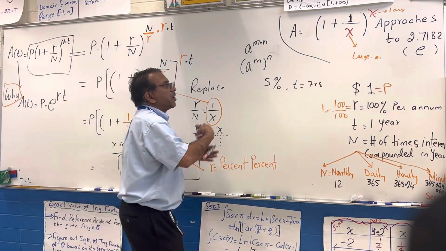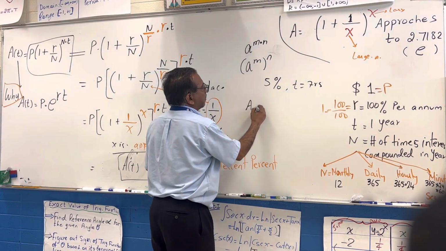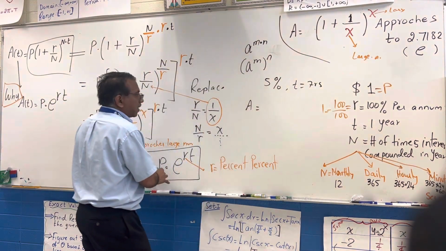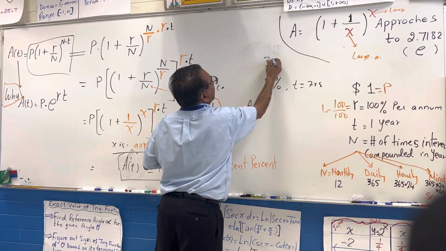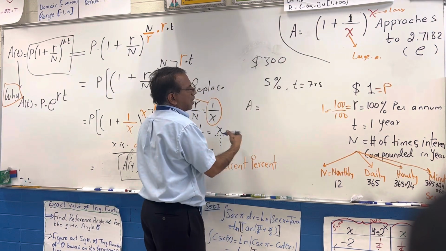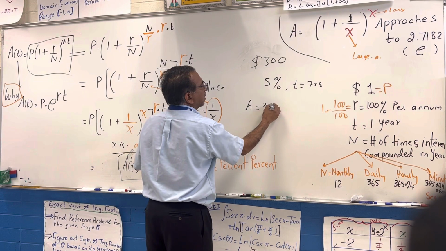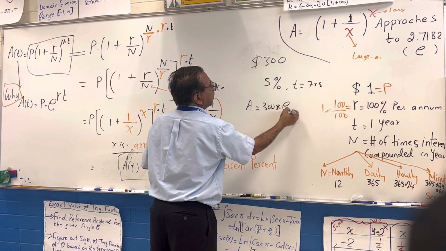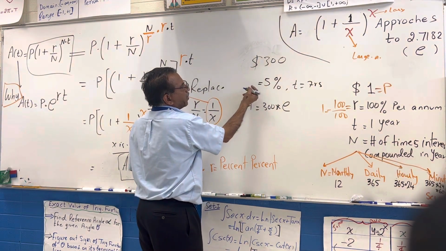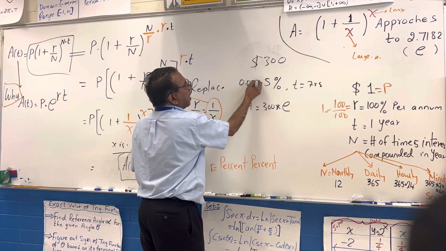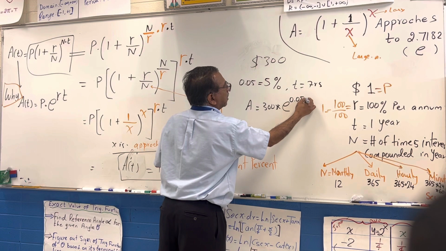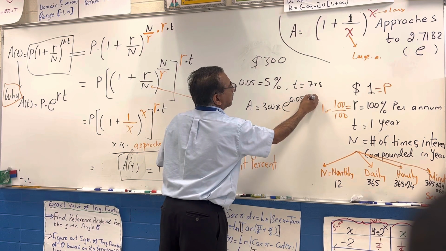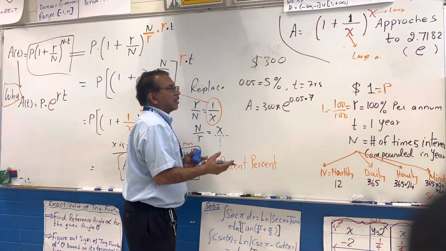So for the continuous calculating of the interest, the amount will be, let's take the money that you put, you're depositing $300. Because I'm just giving an example, it becomes 300 times e raised to, so the r becomes 0.05 because 5 divided by 100 gives 0.05, times this t, and you can get the answer.